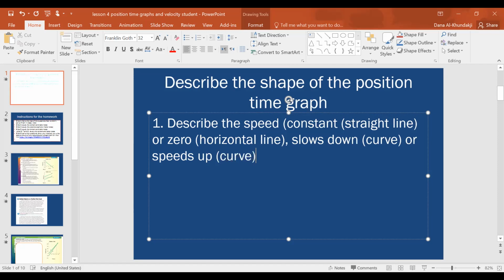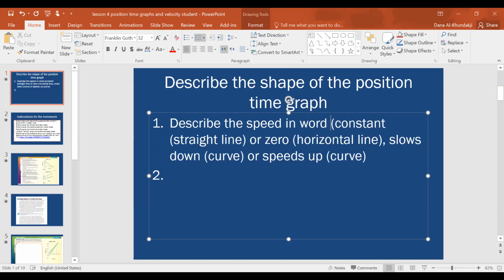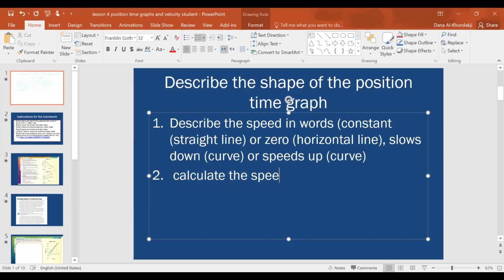Now, you're going to tell me something about the speed in words. So you're going to describe the speed in words. And then you're going to calculate the speed if it is constant. Then you're going to have to give the initial location.